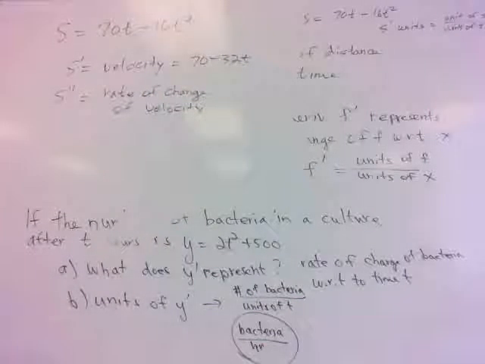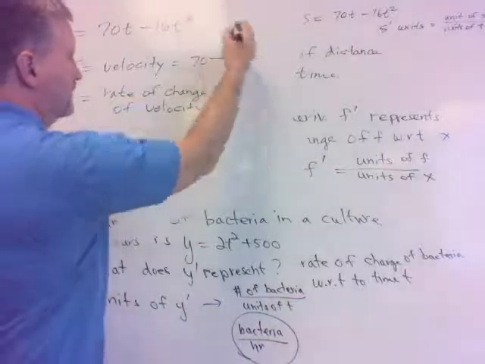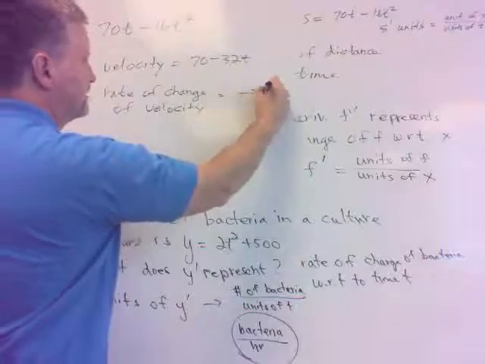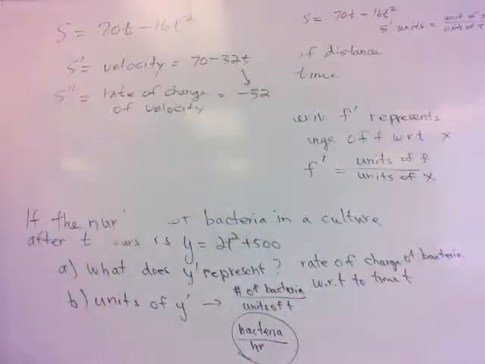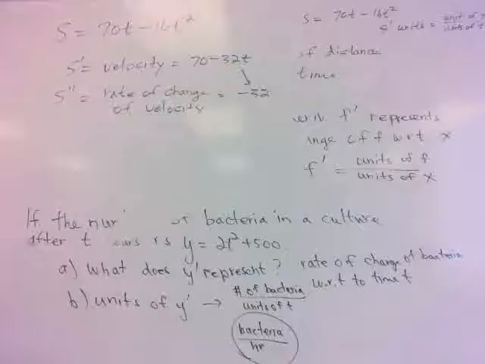Well, if I do this derivative of the velocity, which, you know, here I'm going to get negative 32, wouldn't it? But what I was going to say is, if you're talking about the rate of change of the velocity, that's like taking the accelerator.